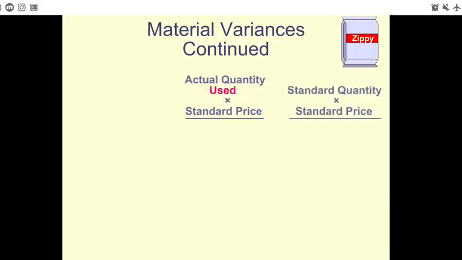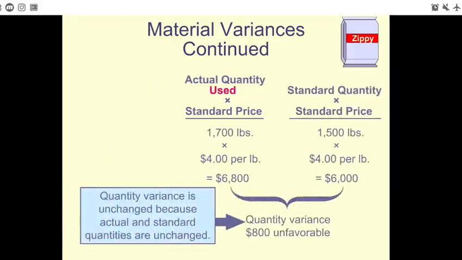But when you calculate the material quantity variance, you use the quantity used. Here, the actual quantity used is 1,700 pounds, and the standard quantity is 1,500 pounds.